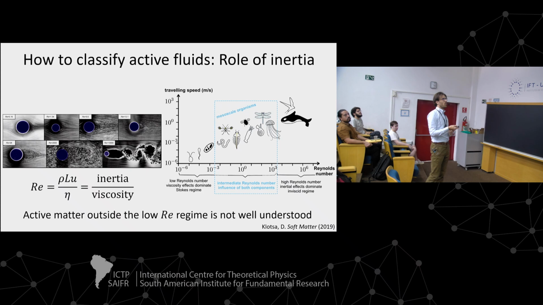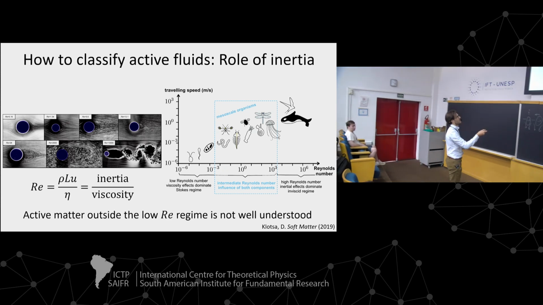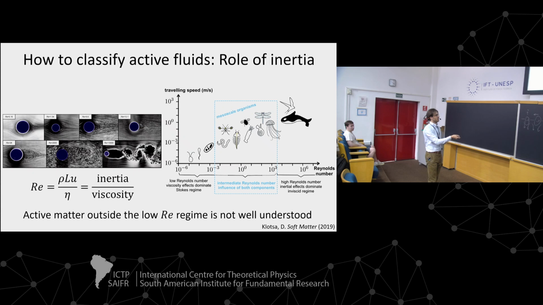You can ask, when does inertia actually matter? In the case of low Reynolds number, and this is the Reynolds number for the surrounding fluid, for the actual Navier-Stokes equations, when the Reynolds number is small enough, you can probably truly neglect inertia.